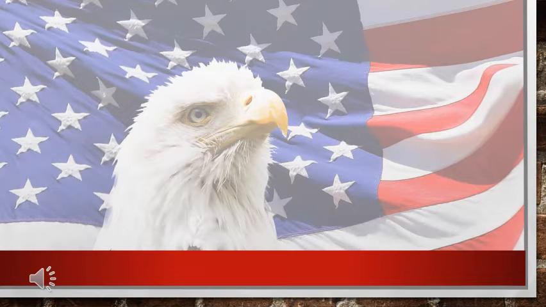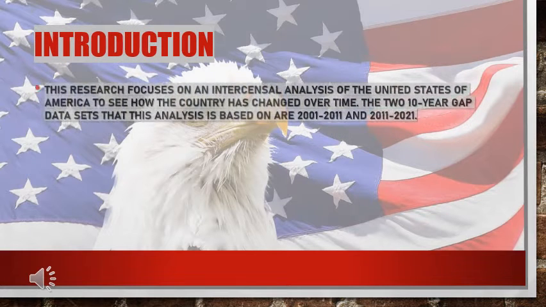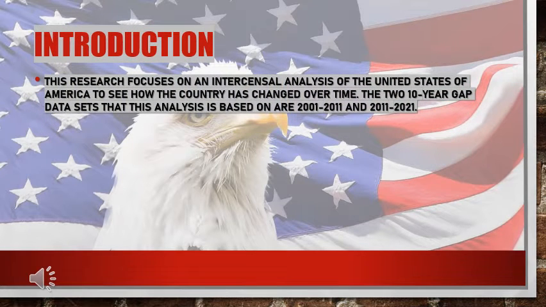This research focuses on an intercensal analysis of the United States of America in order to see how the country has changed over time. The two 10-year gap datasets that this analysis is based on are 2001 to 2011 and 2011 to 2021.